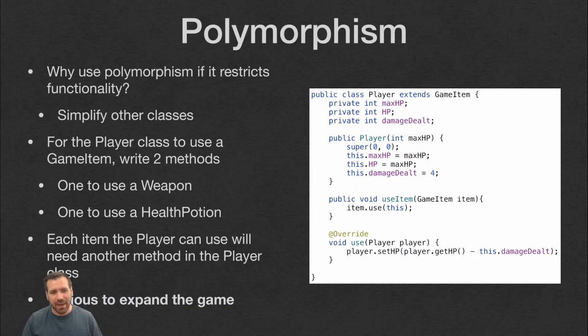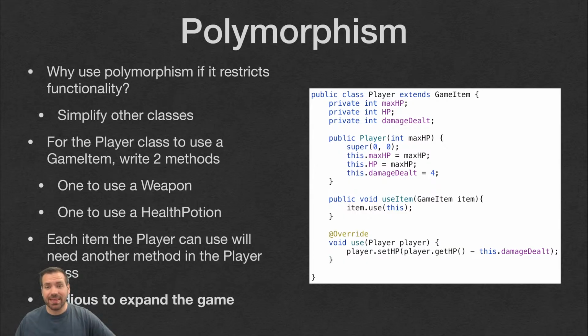That's going to get painful quick once this cascades through your entire program, where every piece of code in your program that works with a game item needs to be duplicated for the number of game items that you have. That is where things get really painful, and this is where polymorphism comes in. Polymorphism says, screw all that, just write one method and take a game item.